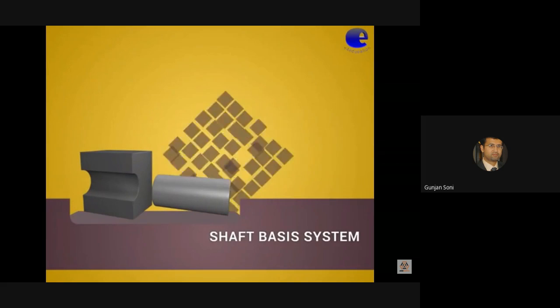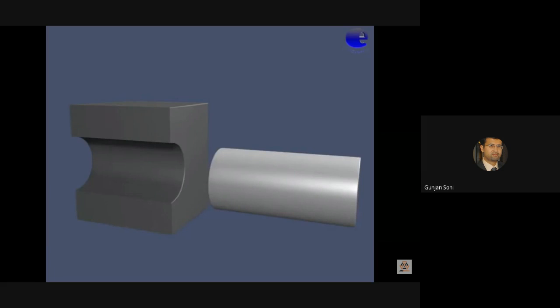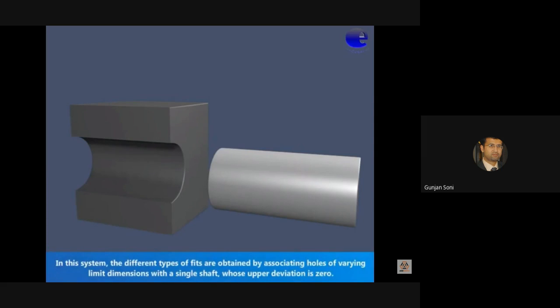Shaft basis system. In this video, we are going to see about shaft basis system. In this system, the different types of fits are obtained by associating holes of varying limit dimensions with a single shaft whose upper deviation is 0. Consider a clearance hole.